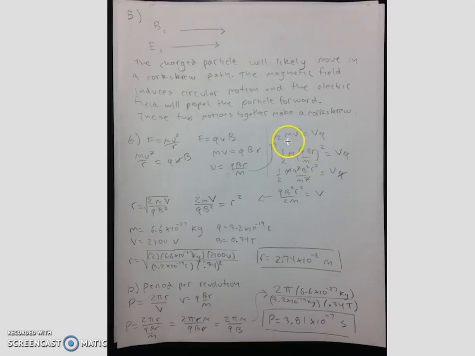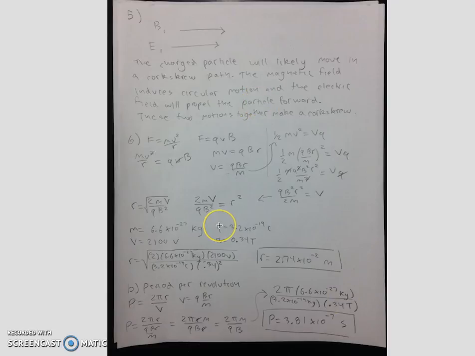Then through some algebraic manipulation, I came to the conclusion that R equals the square root of 2mV over qB squared. And so plugging in the values that were given, I found that the radius of the particle is 2.74 times 10 to the negative 2 meters.